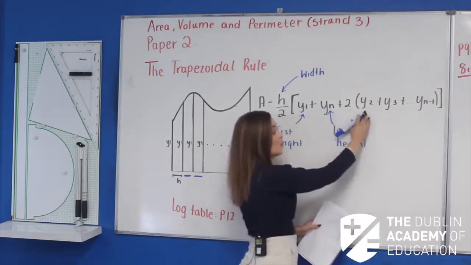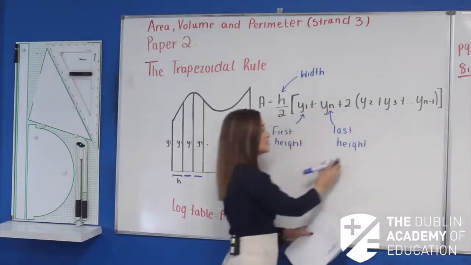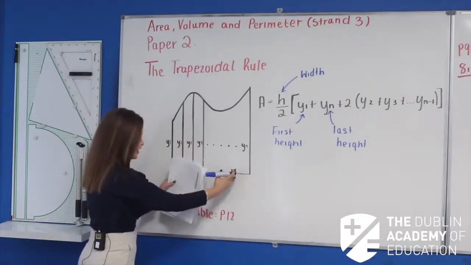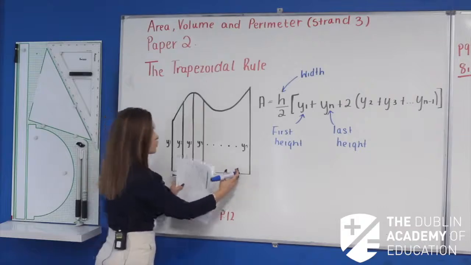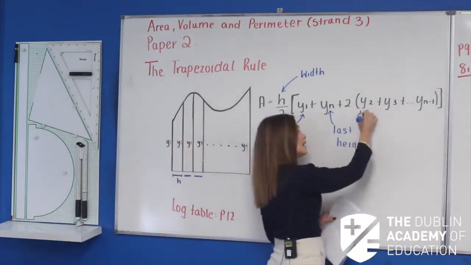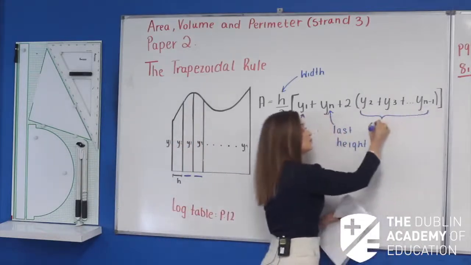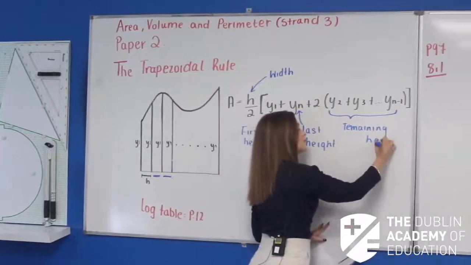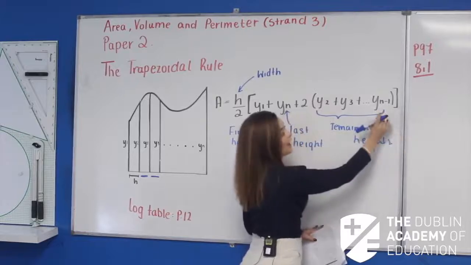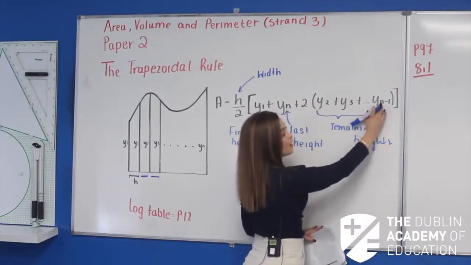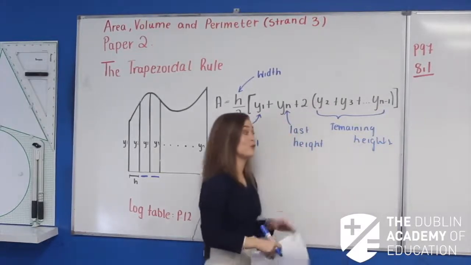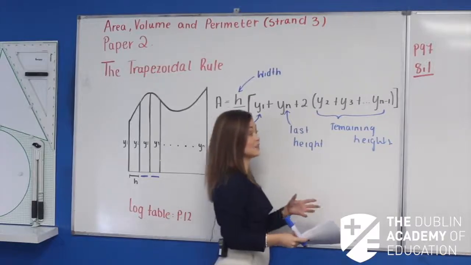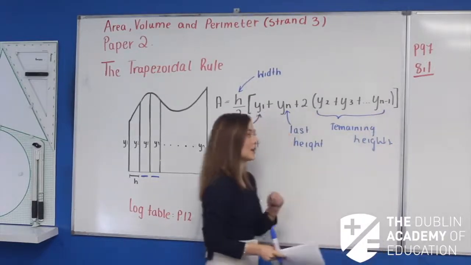Plus 2 times y2 plus y3, so basically everything in between, the remaining heights in between. And you'll see at the last point here, it says yn minus 1. That just reflects your second last height, okay? Bracket, and then my square bracket's closed.